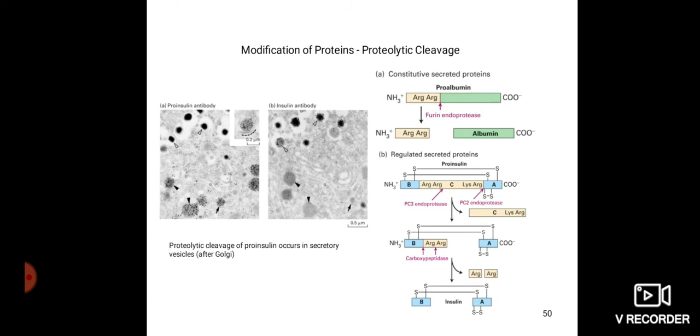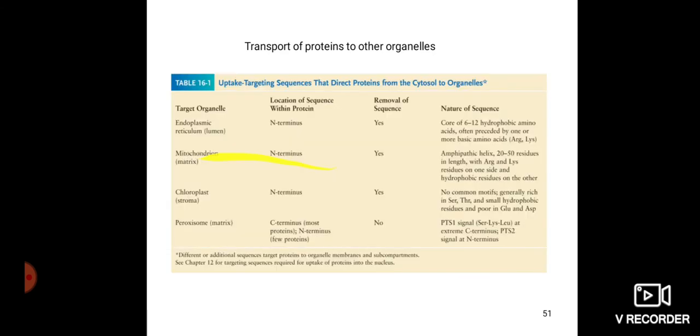The A chain and B chain are further involved in the formation of insulin, with the removal of the arginine amino acids from the B chain by carboxypeptidases. Like that, proinsulin gets converted to insulin by proteolytic cleavage.